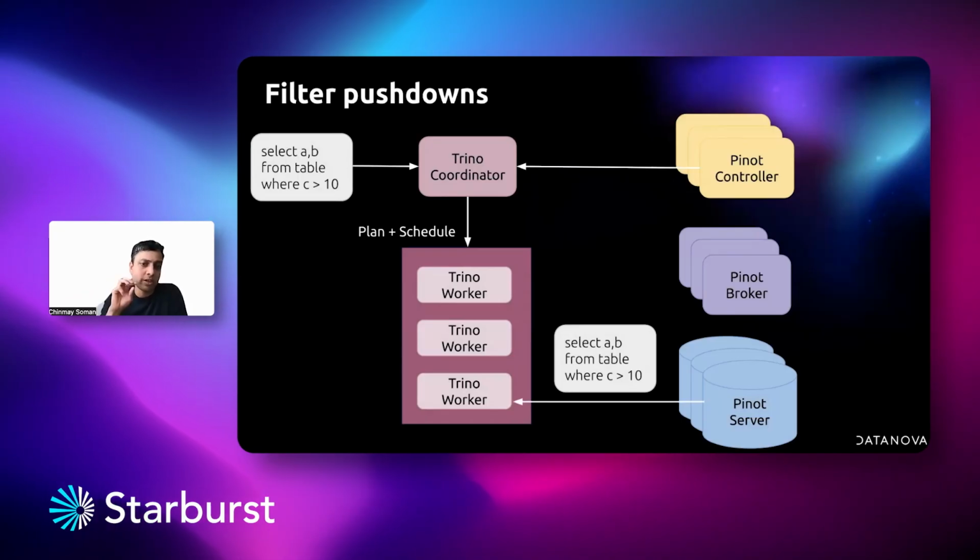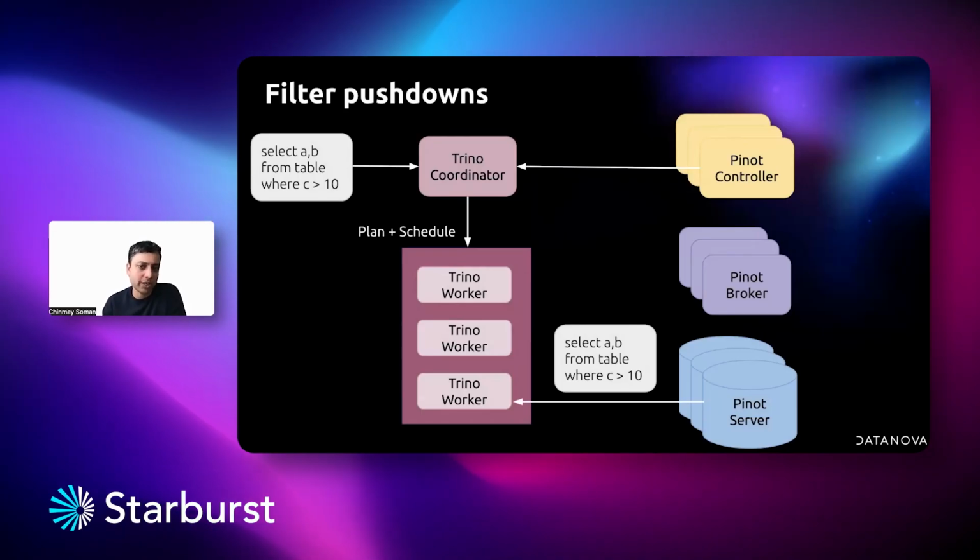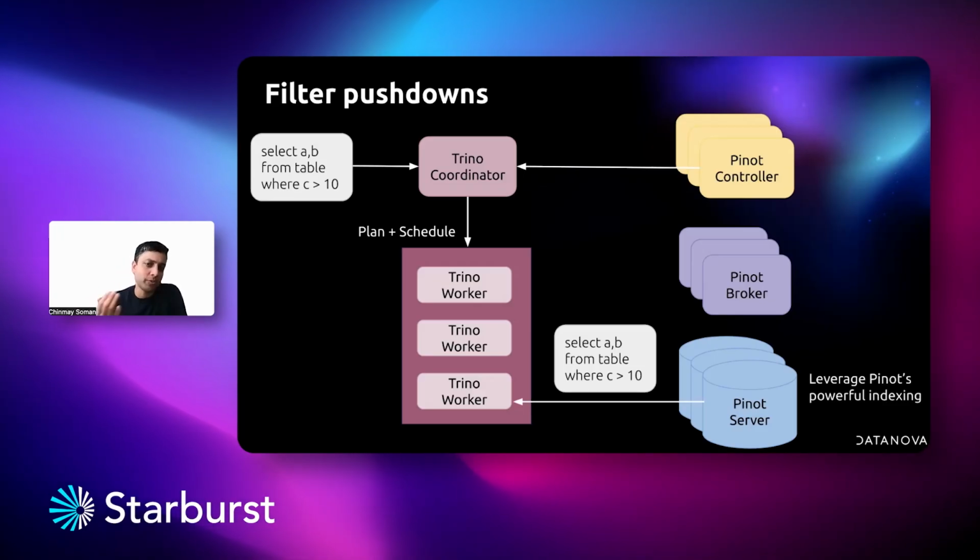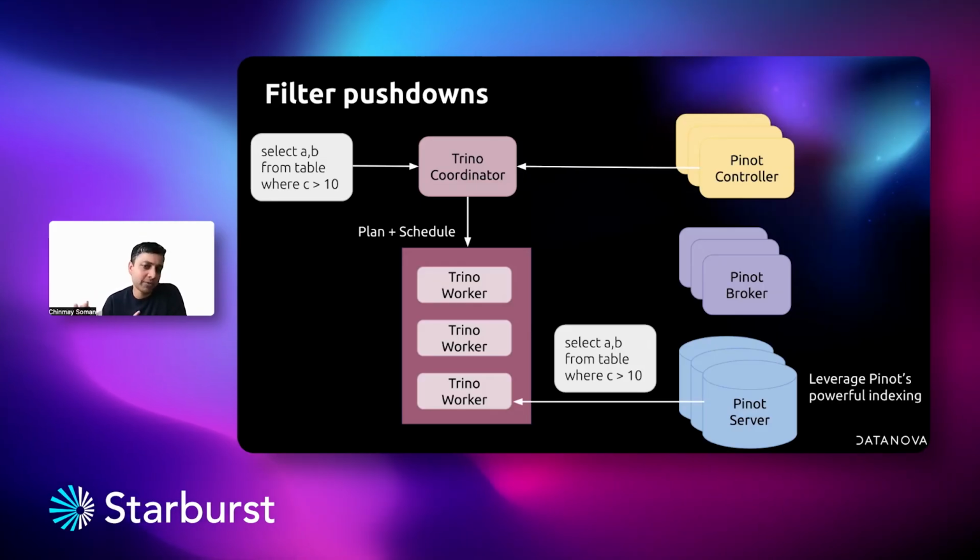But even now, it is pushing the filter clause directly to the Pinot server. So when the Pinot server receives this query, it can utilize the local indexes to minimize the data that needs to be sent over the wire to Trino. So for example, if you have a Bloom filter or a range index defined on column C, this will dramatically reduce the amount of work that needs to be done for running this query.